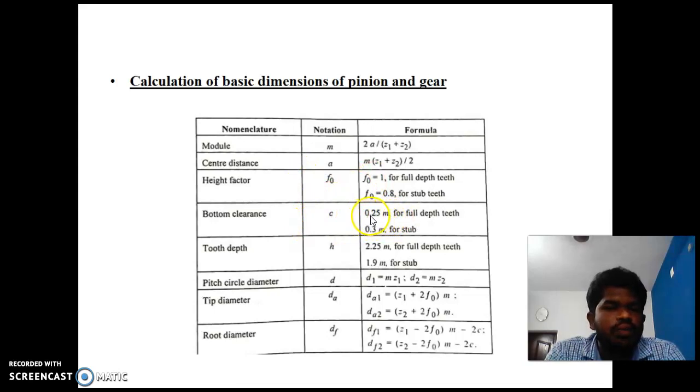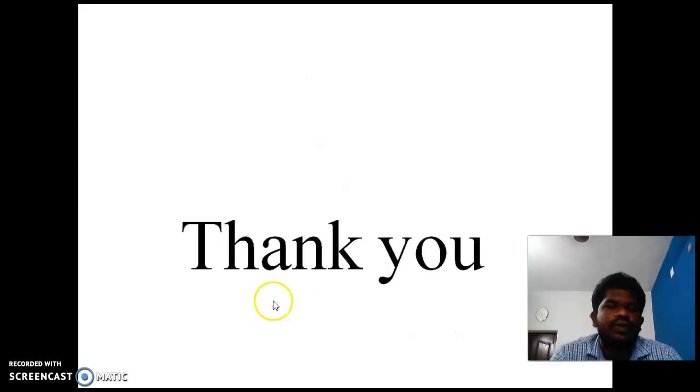Bottom clearance equal to 0.25 m, m is the module. Tooth depth equal to 2.25 m, where m means the module. Then pitch circle diameter, tip diameter, root diameter. Okay, so this is the design procedure for spur gear.